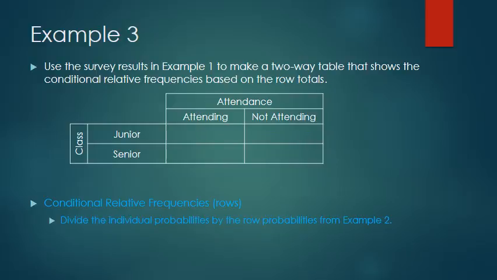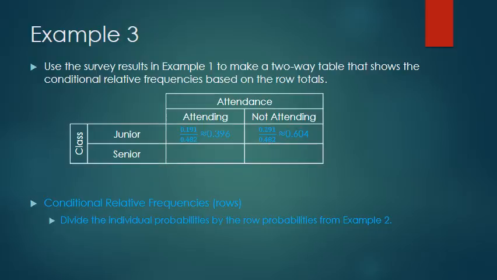Divide the individual probabilities by the row probabilities from example 2. Awesome. So we have to look at what we have in example 2, and we're going to divide the individual probabilities, those were the ones in the cells of the table, the joint relative frequencies, by the row probabilities, those were the totals for each row.